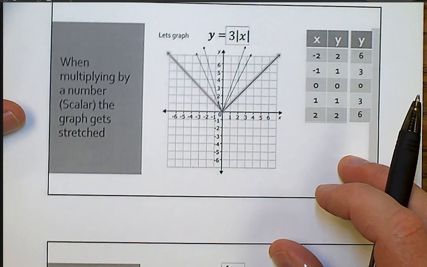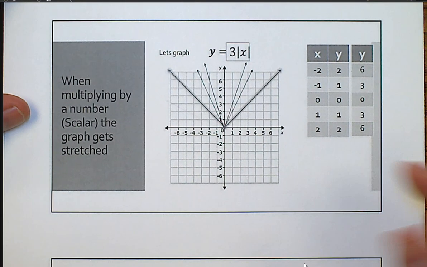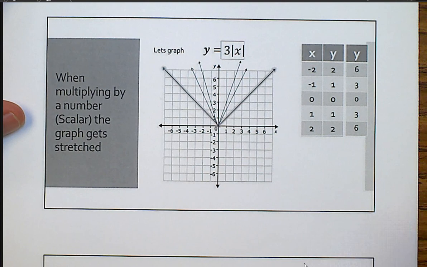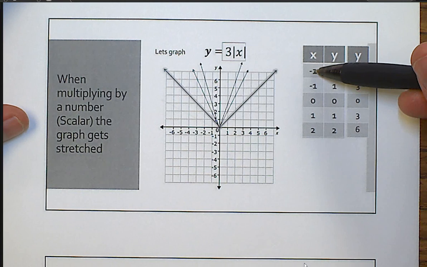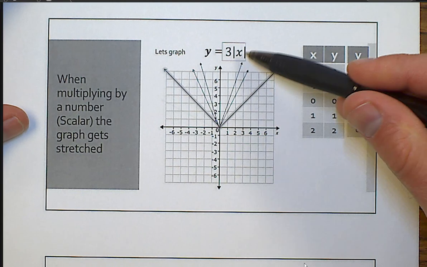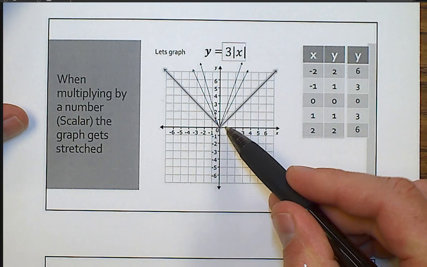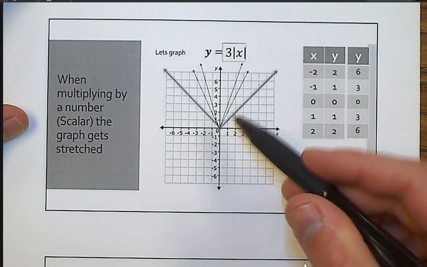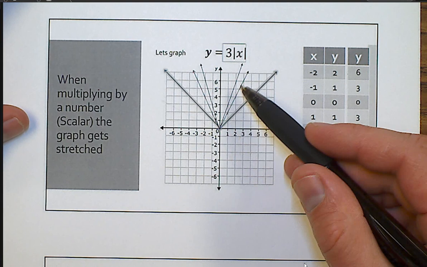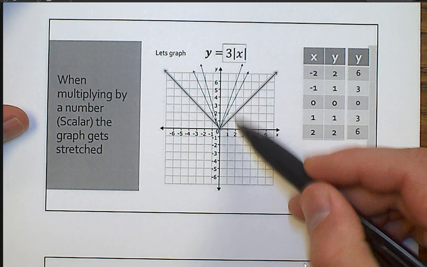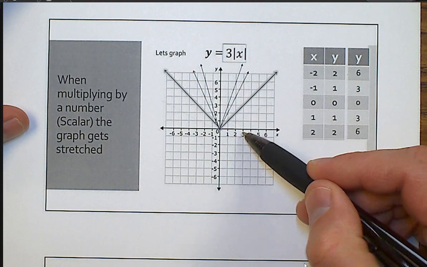So here is an example. I just talked about this one. I forgot I had one with a 3 on it. What happens to your y values? They all triple. You plugged in a negative 2 for x, you got 2, multiply it by 3, you get 6. Here's your parent function, this was what happened when it doubled, and here's what happens when it triples. 1 goes to 3, 2 goes to 6, 3 goes all the way up to 9, or off the graph.